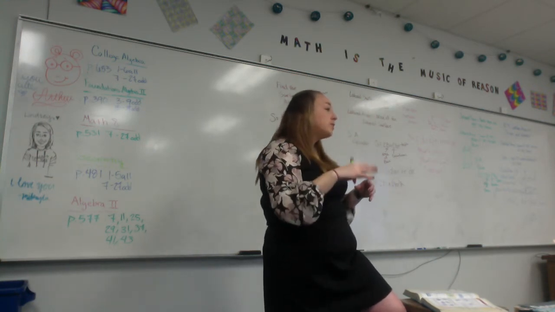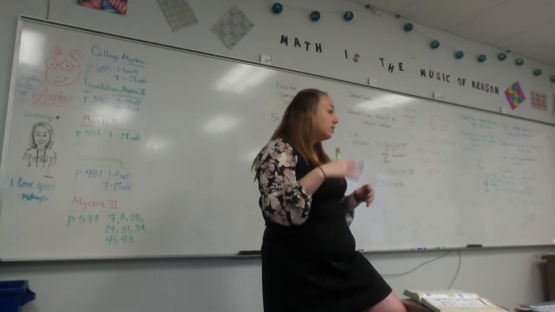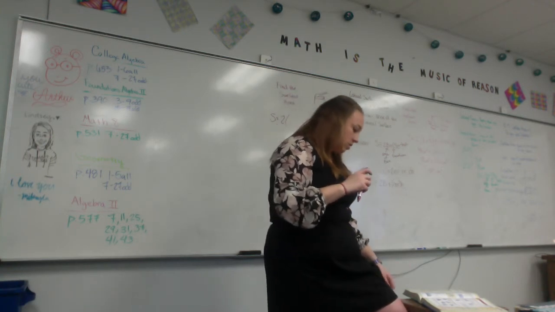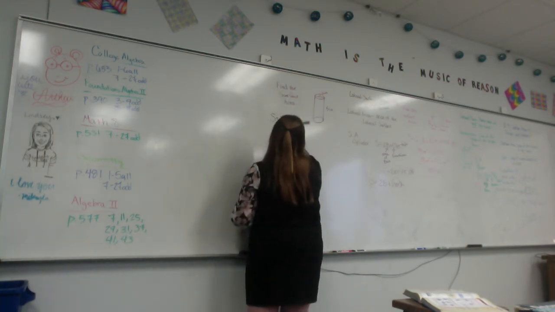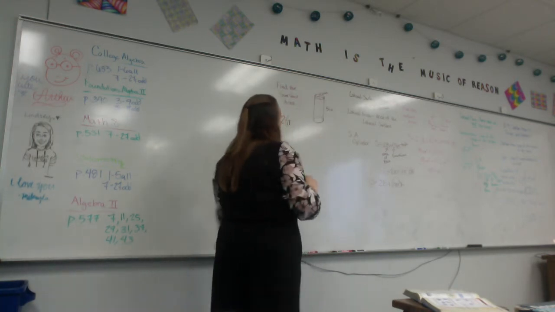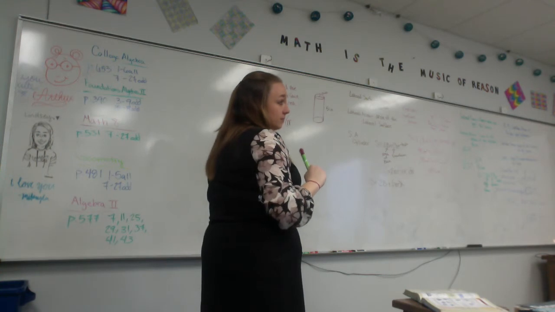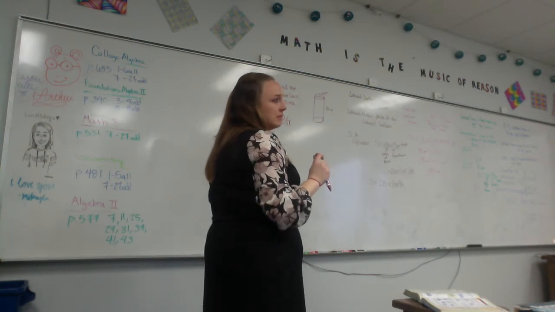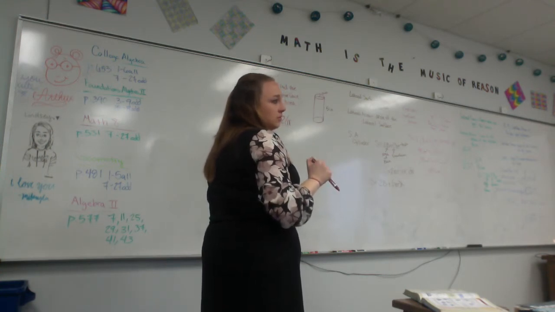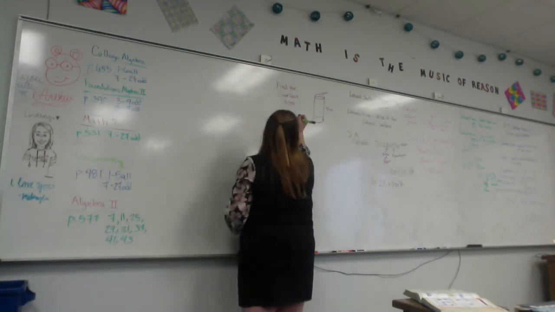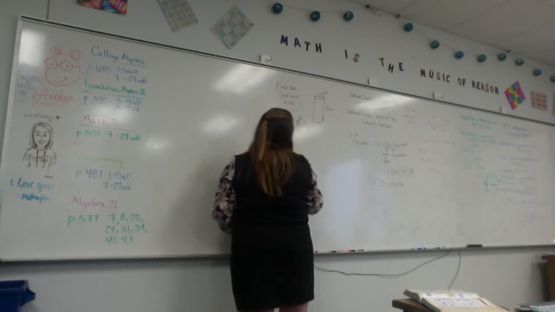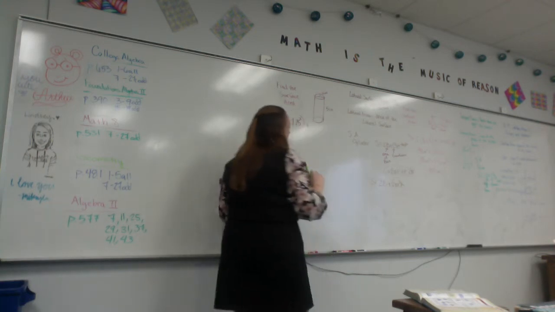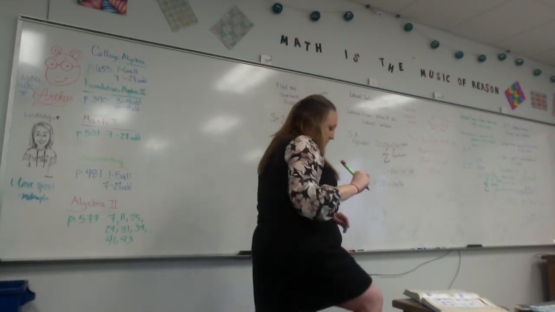What is the formula for the area of a circle again? Pi r squared. What is my r? If my diameter is 2.5, what's half of 2.5? 1.25. Okay, so I have 1.25 squared. We'll come back to that in a second. Then I add it to my circumference times my height.